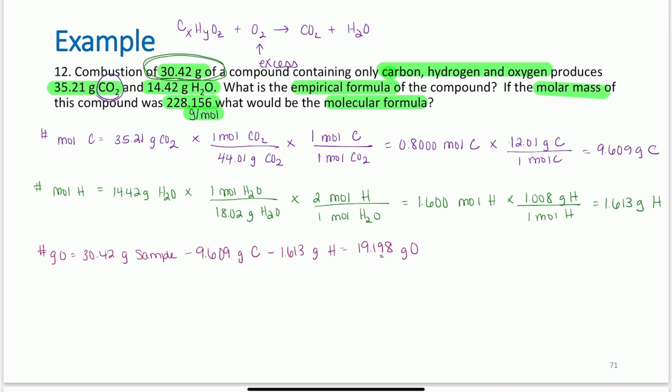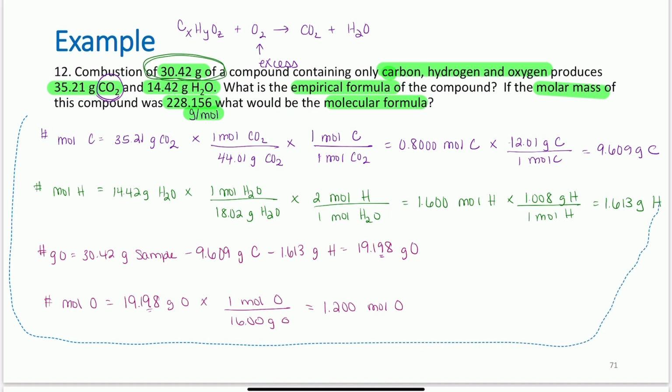Now I can find my number of moles of oxygen. So my number of moles of oxygen, 19.198, I'm just underlining where my sig figs are, gives me 1.200 moles of oxygen.